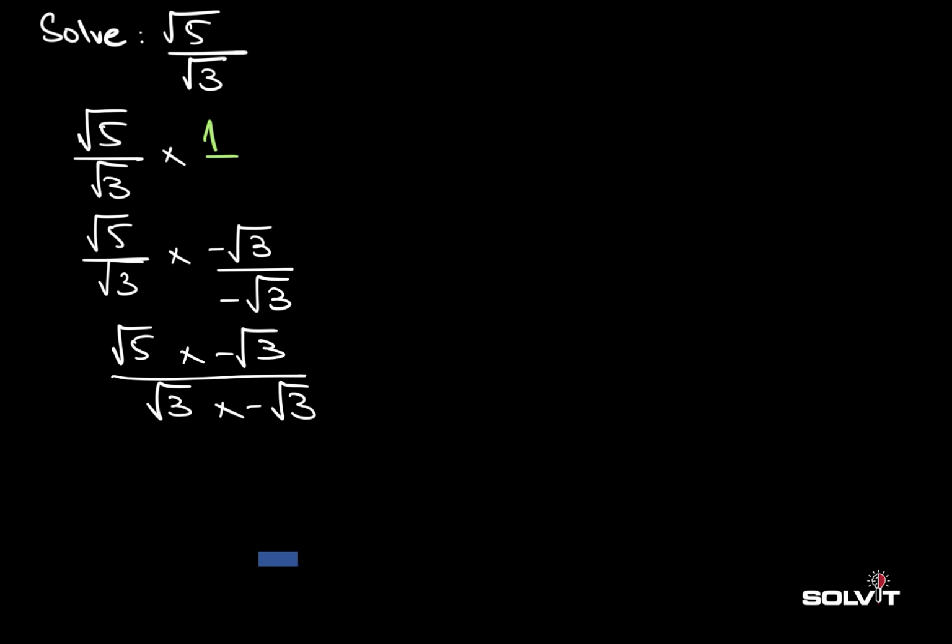So now this is going to become negative √15 over -3, and minus minus cancel, and this is going to become √15 over 3.